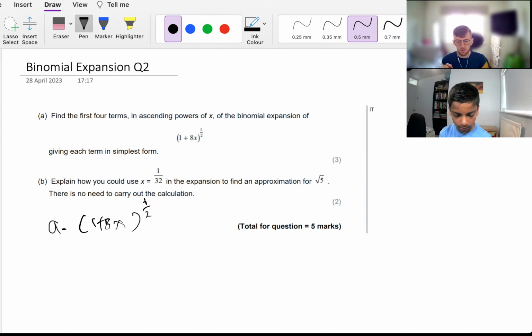The factorial matches the power that you've got, so that's a good way of remembering which factorial you're doing.